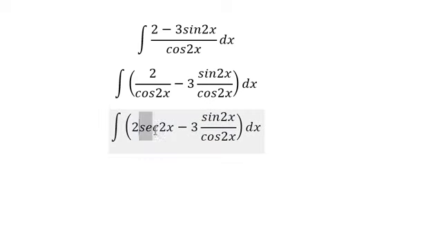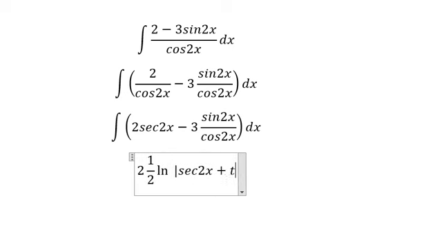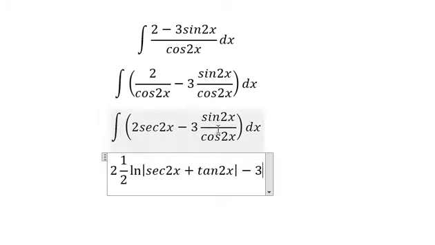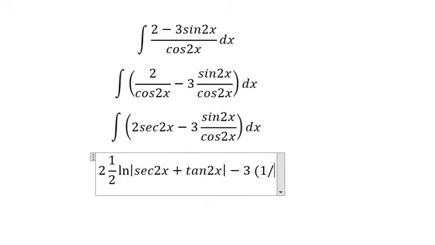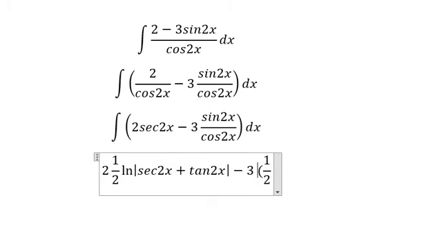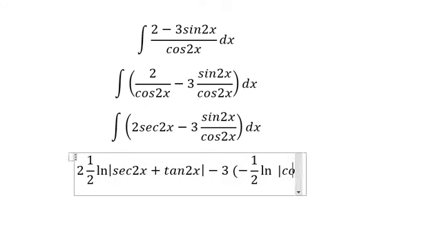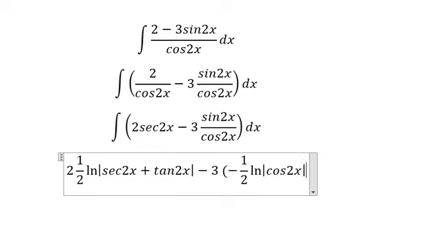The integration of secant of 2x gives 1 over 2 ln of the absolute value of secant of 2x plus tan 2x. For this one, you get 1 over 2, and we have the negative sign in here, ln of the absolute value of cosine 2x.